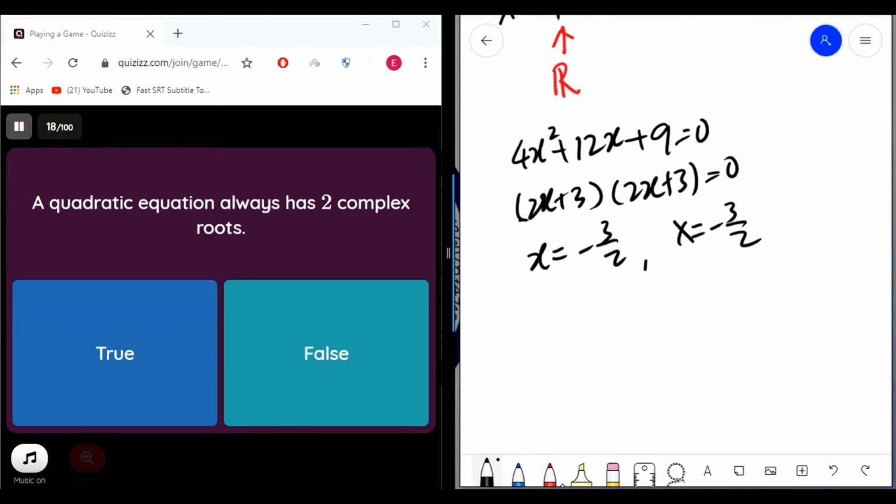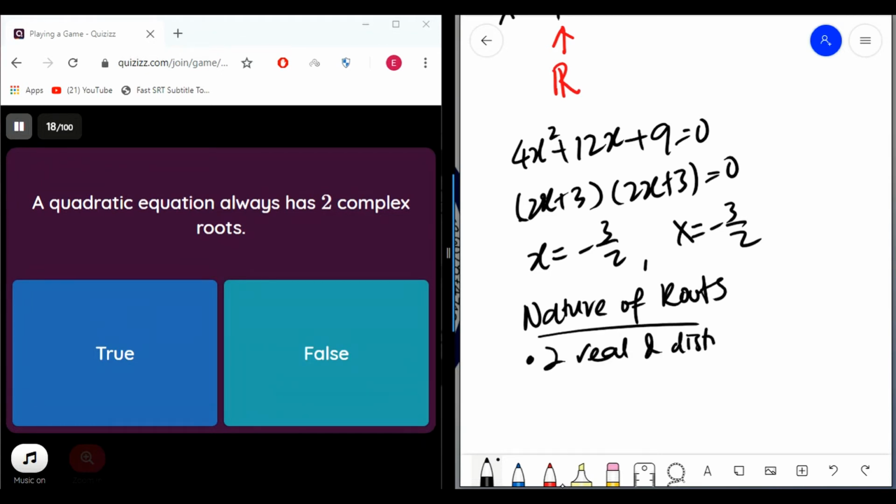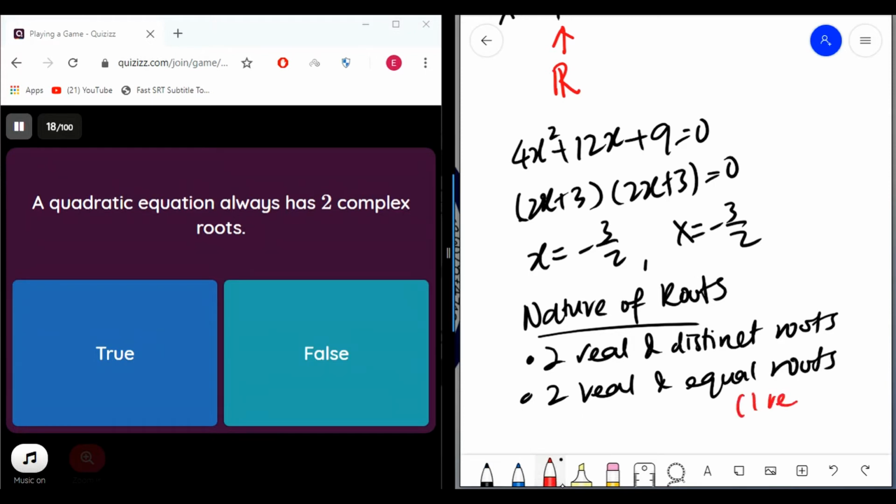Okay? In short, for nature of roots, we can have two real and distinct, meaning different roots. Two real and equal roots, or sometimes we call it one real root. I will write here, one real root.